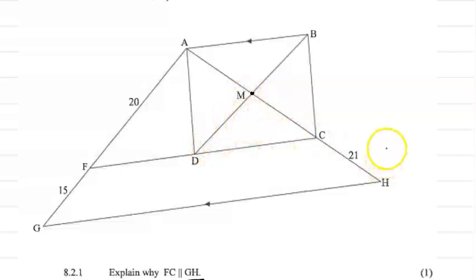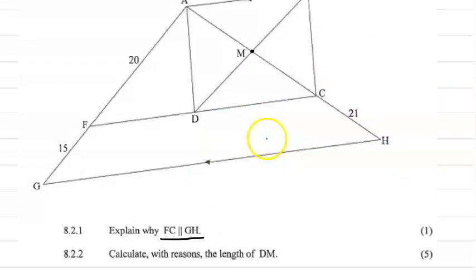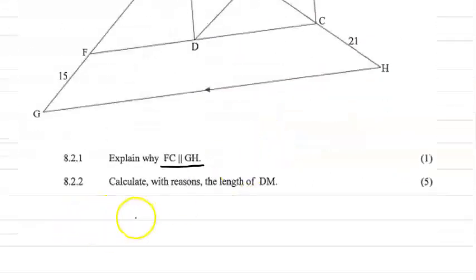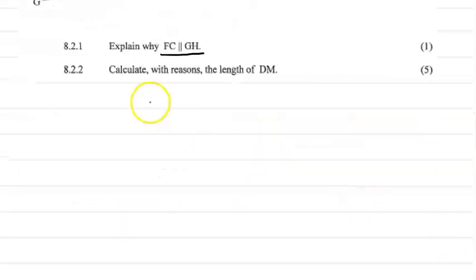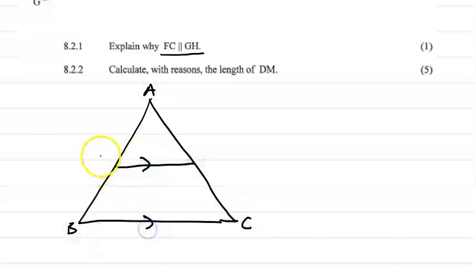So let's go and answer our question. Firstly, let's do a quick review on the proportionality theorem in triangles. Remember that if we have a line which is parallel to the third side of a triangle, and we have a triangle which is ABC, and we have a line which is parallel to the third side of a triangle, let's call it DE.